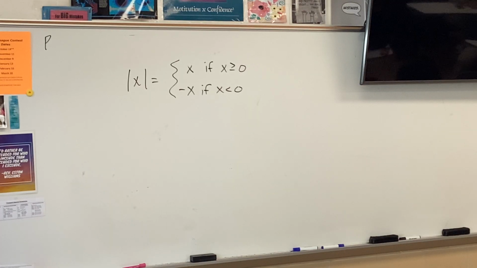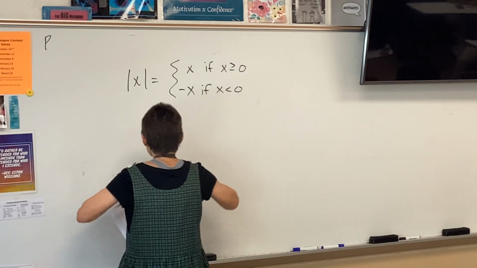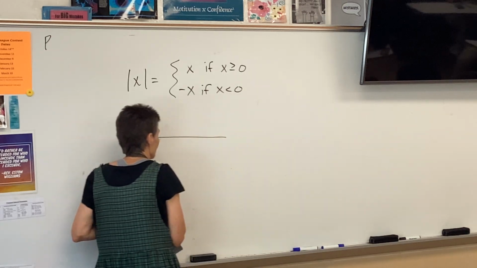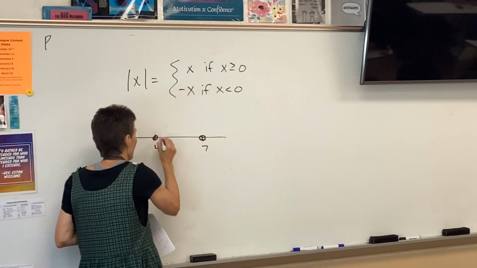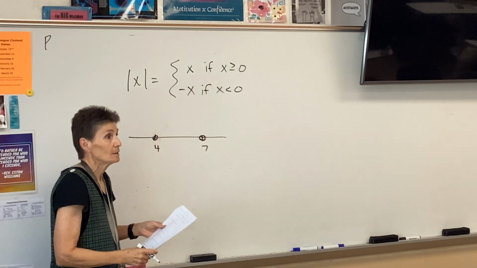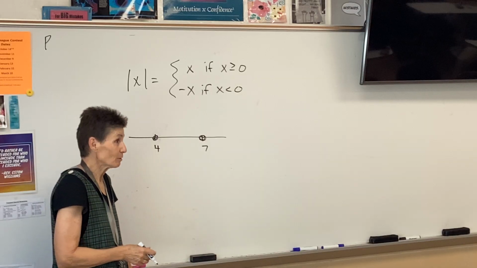Now we're going to talk a little bit about distance on a number line because we're going to start doing some absolute value problems a little bit differently. So just for a second, if I said to you, how far apart are 4 and 7? You would say 3. And how did you get 3?